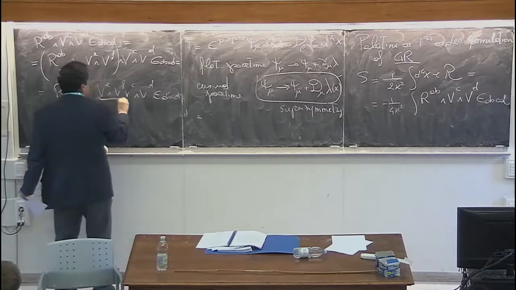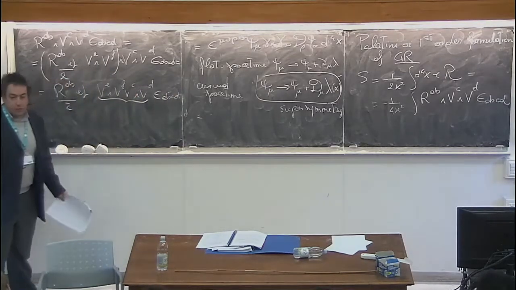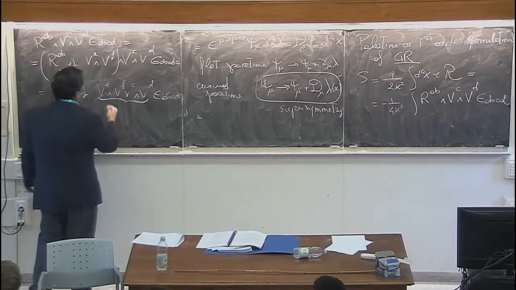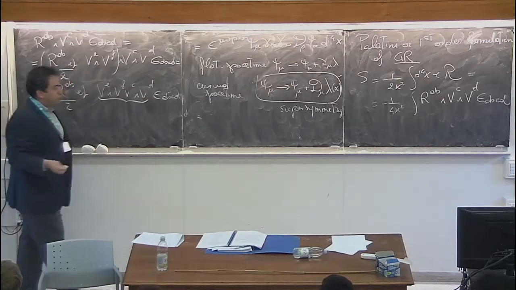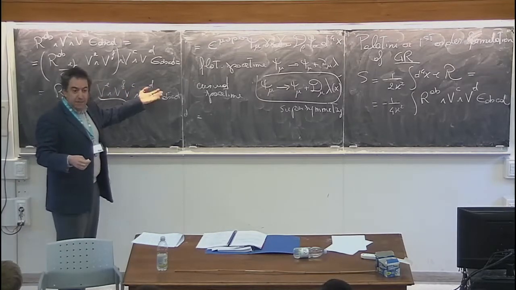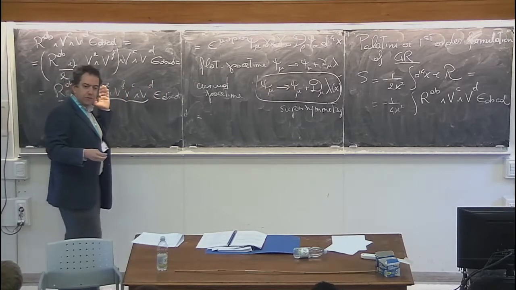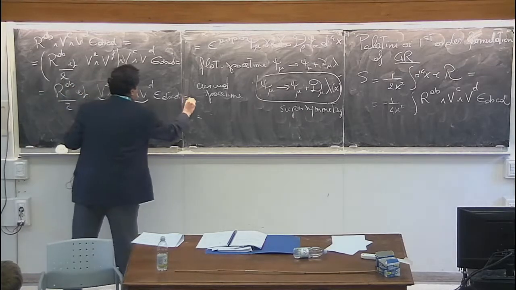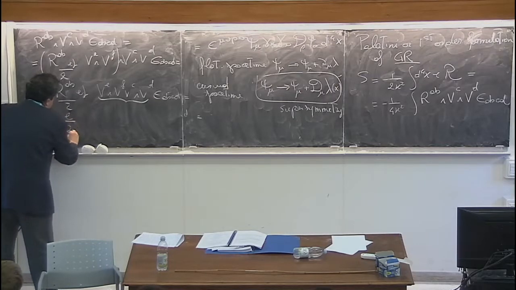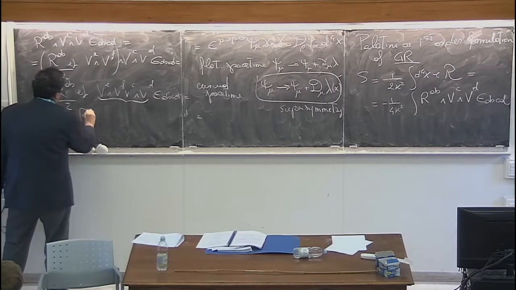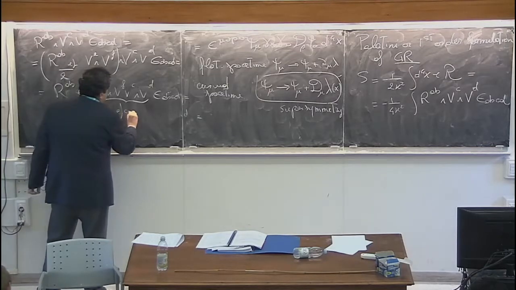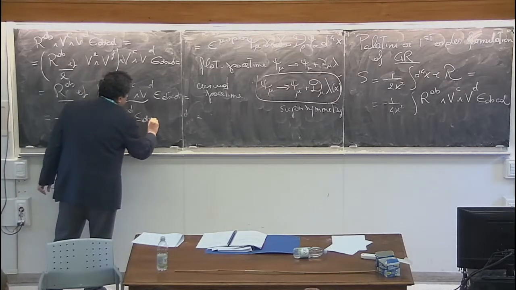But what is this? This is the wedge product of 4 V's, 4 vielbein. And therefore it's proportional to epsilon_EFCD times the determinant of V, which is E, with a minus sign. So there is minus E divided by 2 R^AB_EF epsilon^EFCD epsilon_ABCD.